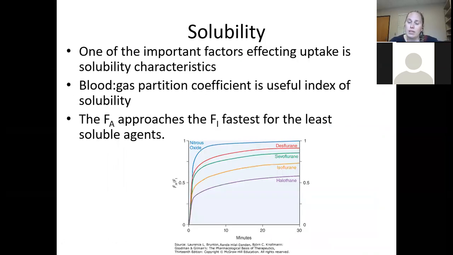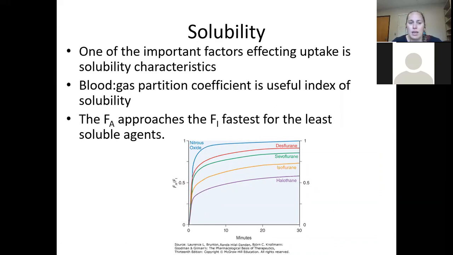So we left off yesterday talking about an application question referring to solubility. When we talk about solubility of these anesthetics, it's important to look at a couple of different factors, a couple of different numbers. We looked at a graph that compared and contrasted the blood gas partition coefficient of the inhaled anesthetics. So we were recognizing that halothane is the most soluble of these anesthetics.